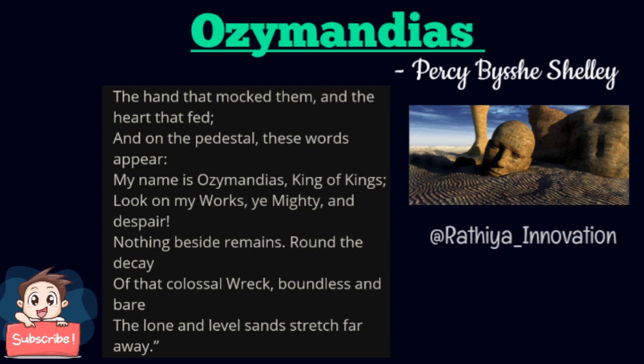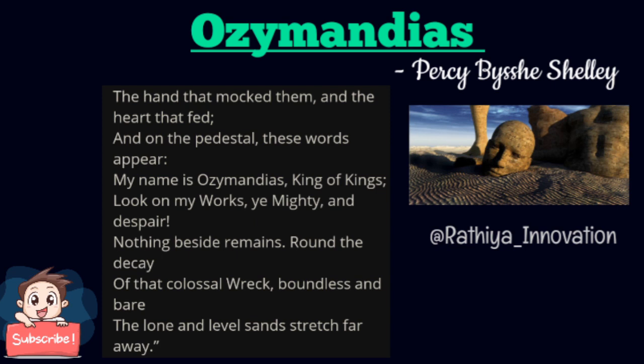Then, nothing beside remains. Round the decay of that colossal wreck, boundless and bare. From these two lines we can know about the state of the statue, which is standing on the sand in the desert of Egypt. So in this desert nothing remains, and the statue is also in a decaying state.